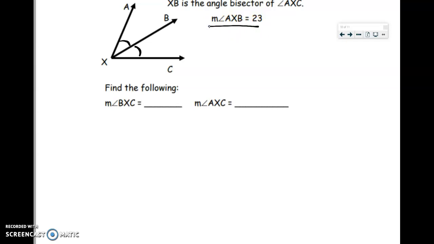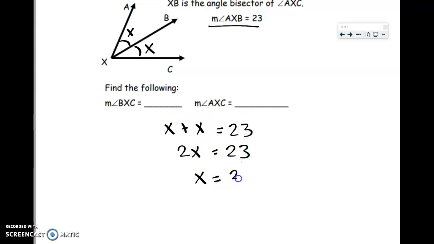So to find the measure of each of them, because they're equal, x plus x equals 23, so x equals 23 divided by 2, which is 11.5. They are congruent to each other, so both BXC and angle AXC are both 11.5.